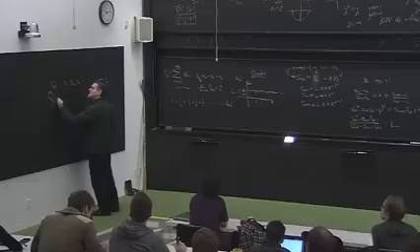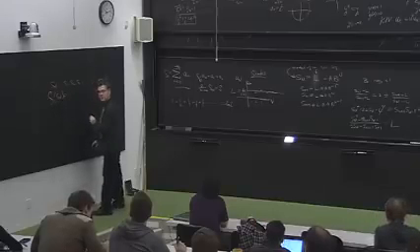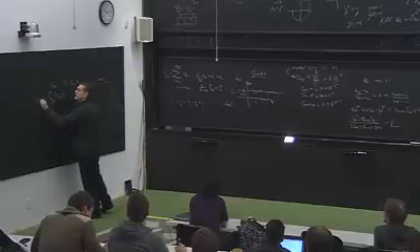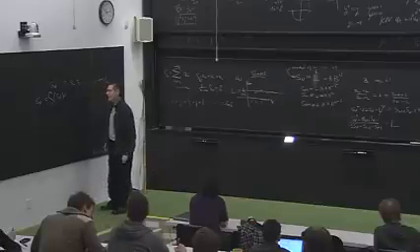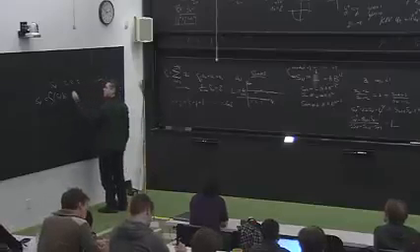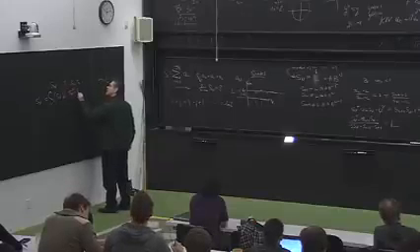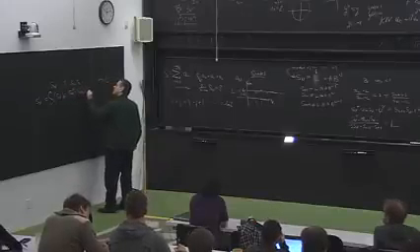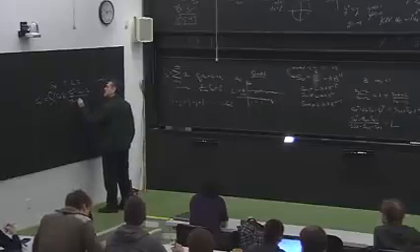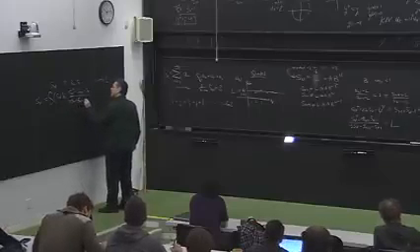So the Shanks transform of this sequence is a new sequence. We'll call it S1n, which is defined as exactly what I wrote down before: Sn squared minus Sn plus 1 times Sn minus 1, divided by 2Sn minus Sn plus 1 minus Sn minus 1.